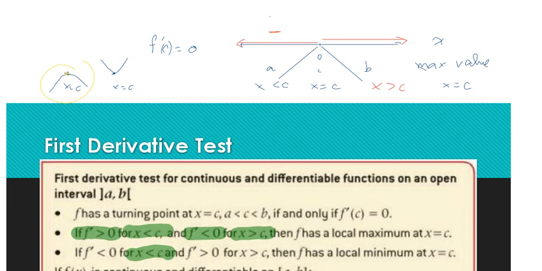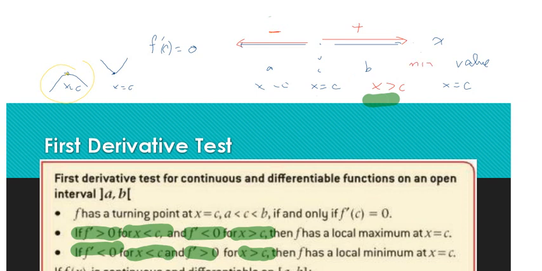And where x is greater than c, and the slope is greater than 0, or the slope is positive, then we shall have a minimum value at x equals c.